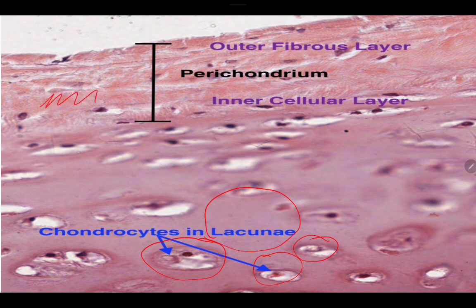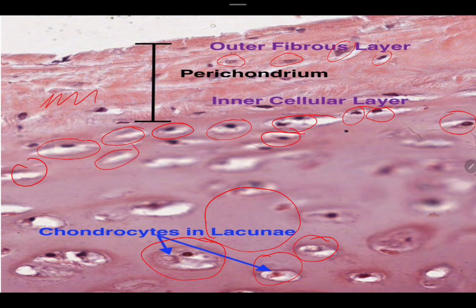Klarong-klaro. And then, deep inside this, you have your fibroblasts. Okay? Mga progenitor cells, yung ating mesenchymal cells, nandiyan din sila. And then, beneath your perichondrium is your chondrogenic layer. Ayan, that is made up of multiple lines of chondroblasts.